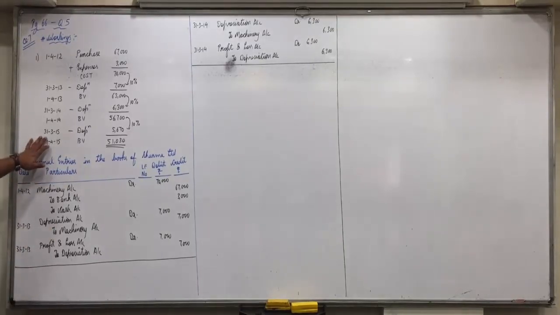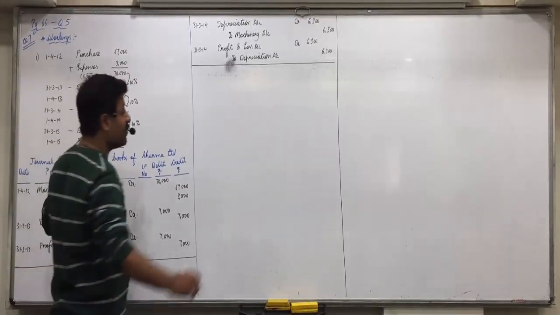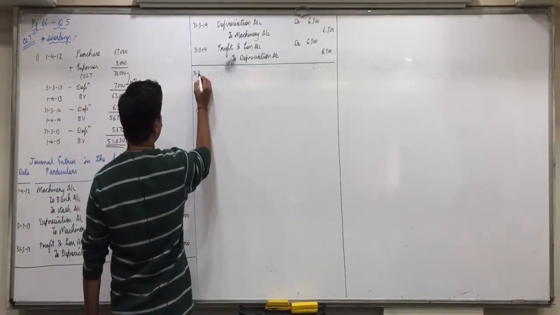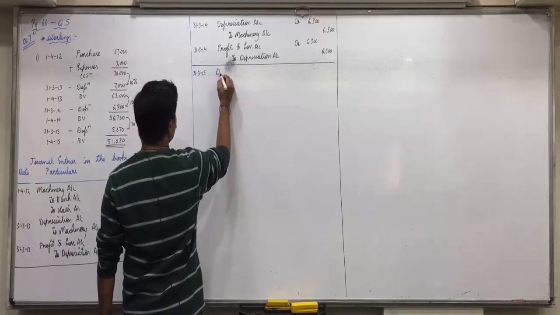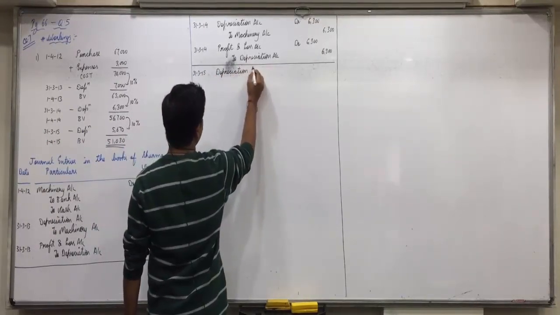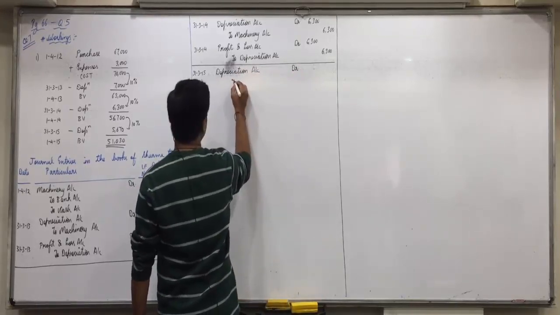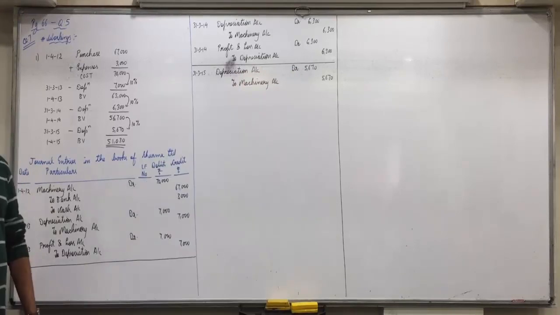And again last year we will pass the same two entries with what amount? 5,670 and date 31/3/15. So 31/3/15, depreciation account debit to machinery account 5,670. Being depreciation provided at the rate of 10% by RBM.